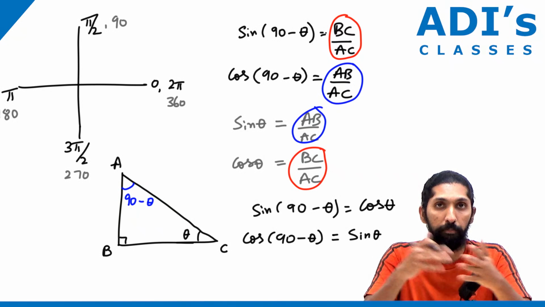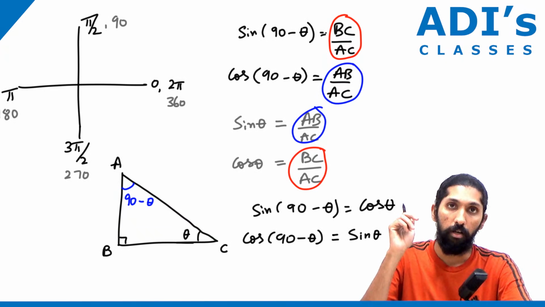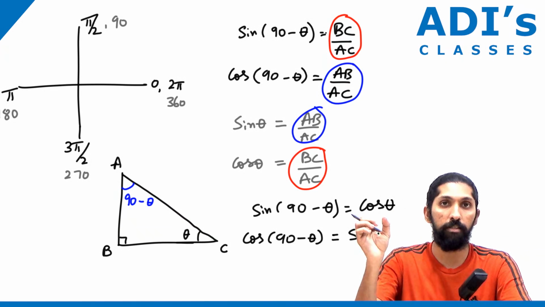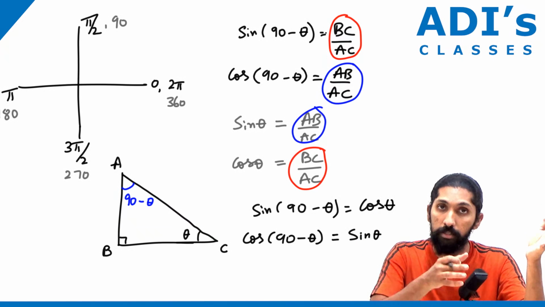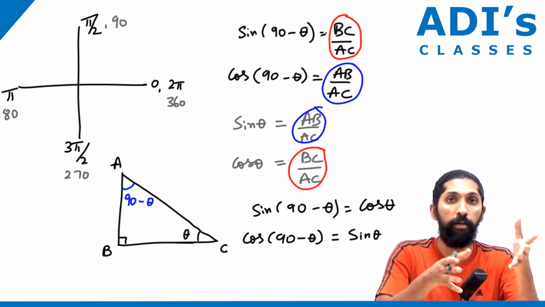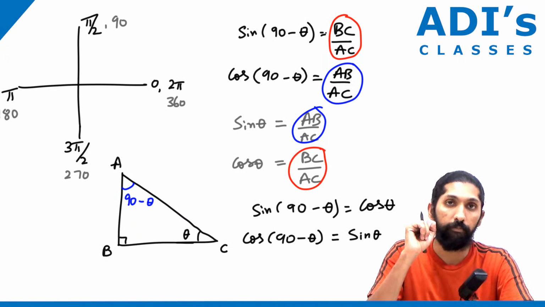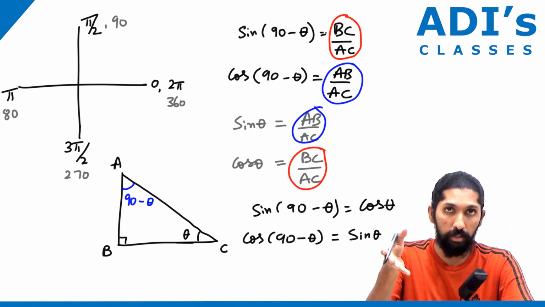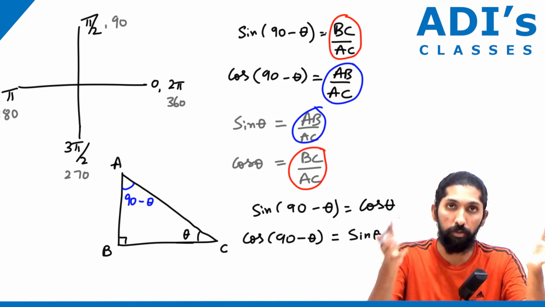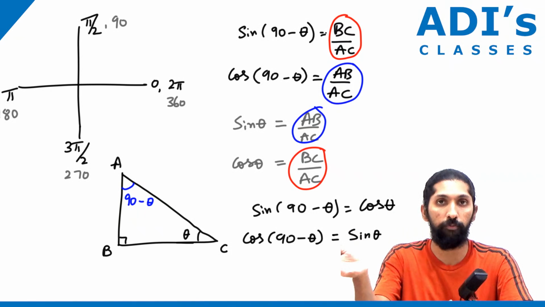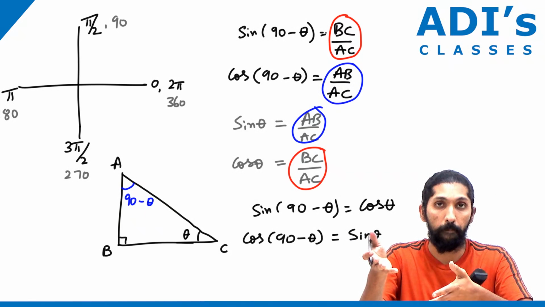90 minus or 90 plus is complementary, correct? Supplementary is 180 plus or minus. Now the complementary angles are important here, and the complementary trigonometric functions will come. We say cosine, correct? Cos is a short form of cosine. Cosine is the complement of sine.